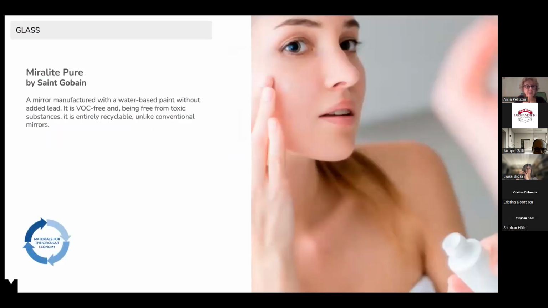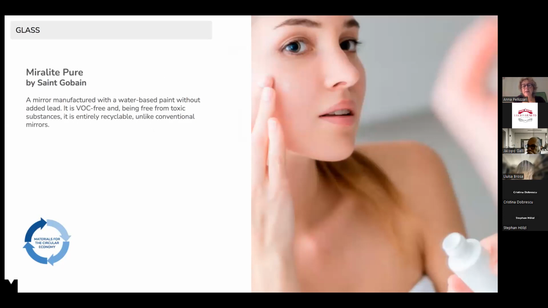An example instead of a material in the glass family that has been designed for the circular economy is this glass by Saint-Gobain. It is called Mirrorlight Pure. It's a mirror, sorry. The mirroring effect is created via a lead-free layer.